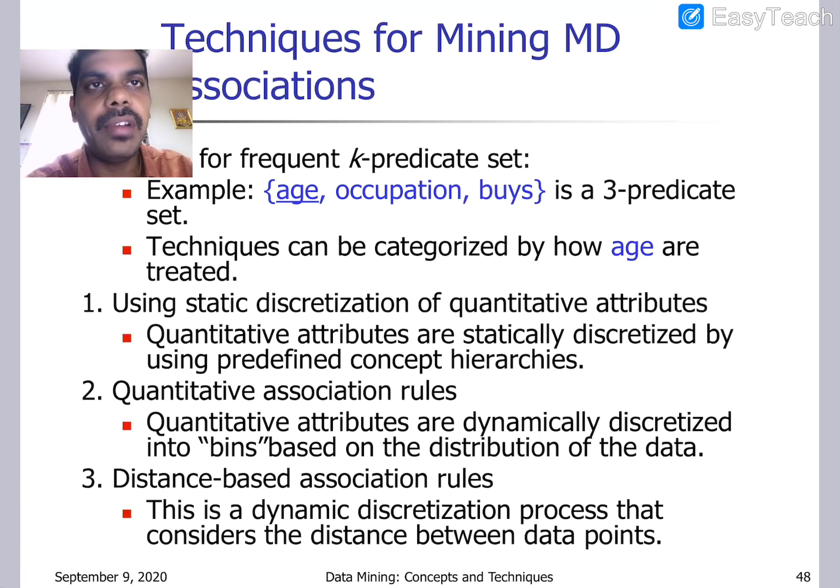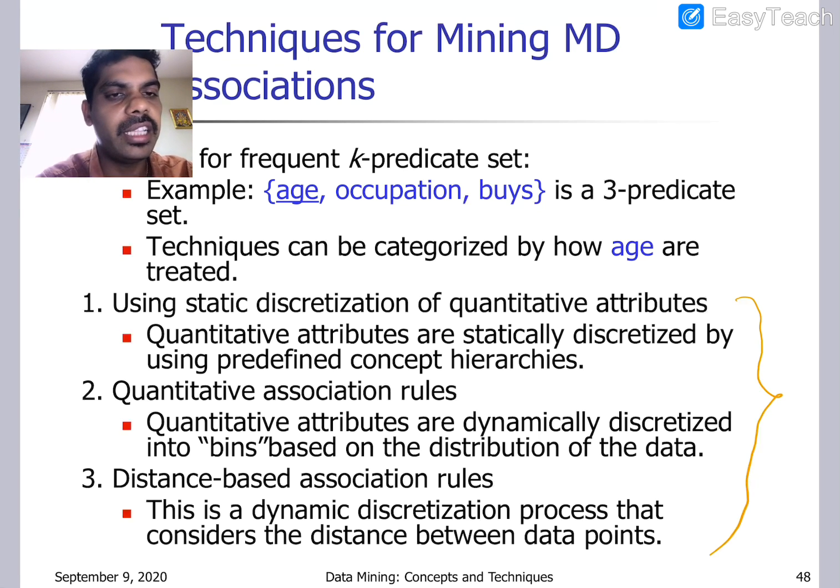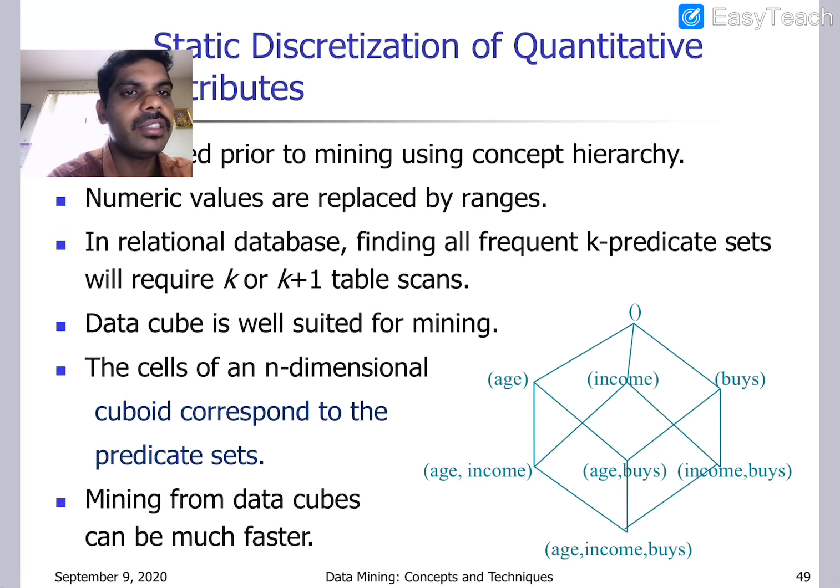How we divide such values, dynamic or static discretization, we will discuss. In static discretization of quantitative attributes, numeric values are replaced by ranges.